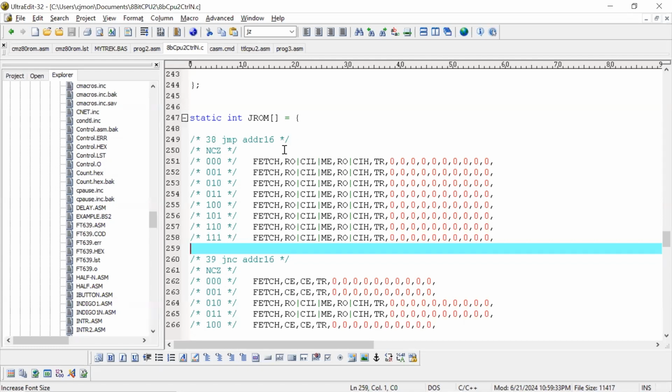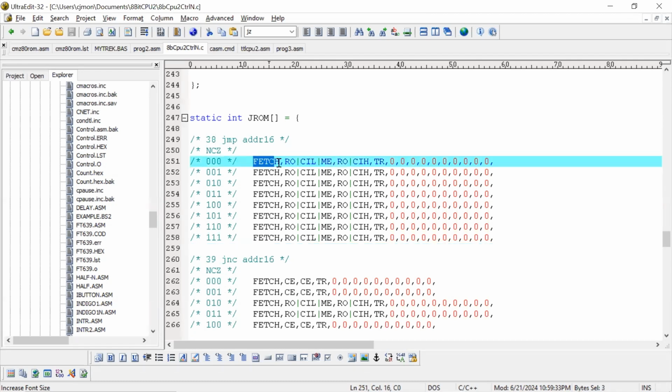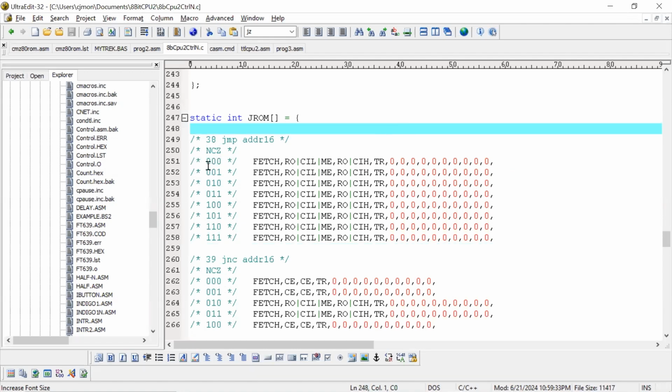There are 16 ticks in the tick counter, and we have 16 bytes here per row. So we can see here all of the combinations for our flags. And so this is the 16-byte control record for not zero, not carry, not negative.